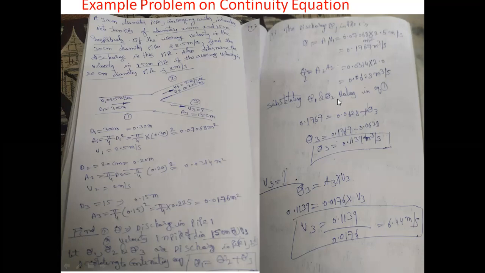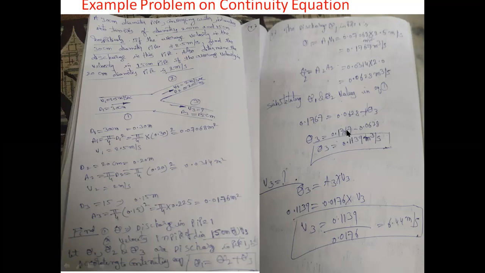Substitute the Q1 and Q2 values in equation 1, Q1 equals Q2 plus Q3. Q1 value equals 0.1767. We find out the Q3 value and velocity V3 value.